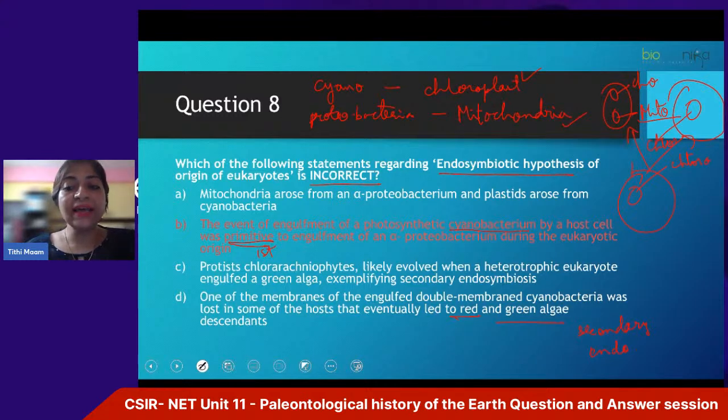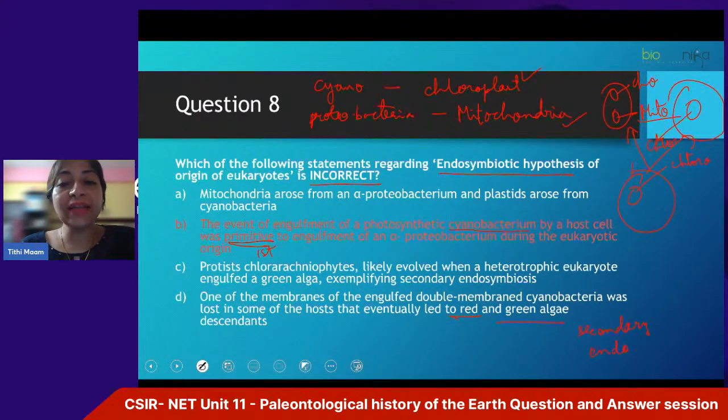It means a cell has already engulfed another cell and entered an endosymbiotic relationship, and then that cell, which is already in an endosymbiotic relationship, is engulfed by another cell. So basically in those cases, what will be the scenario? There will be more than two membranes around an organelle.